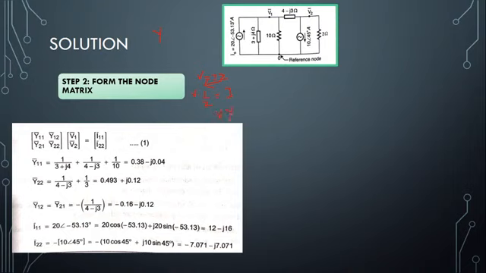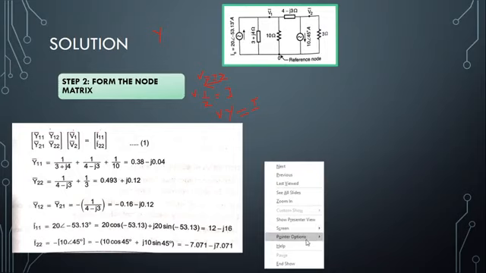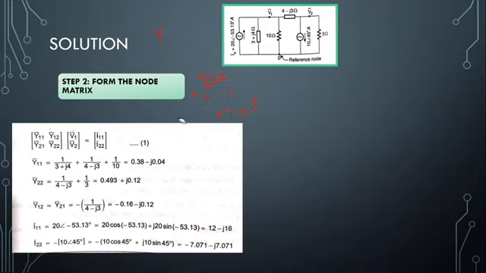So it becomes V into Y is equal to I, where Y is the admittance term, which is nothing but the inverse of impedance. That is how we got this matrix: V into Y is equal to the I value. So this is also obtained from Ohm's law and nothing else. Fine.